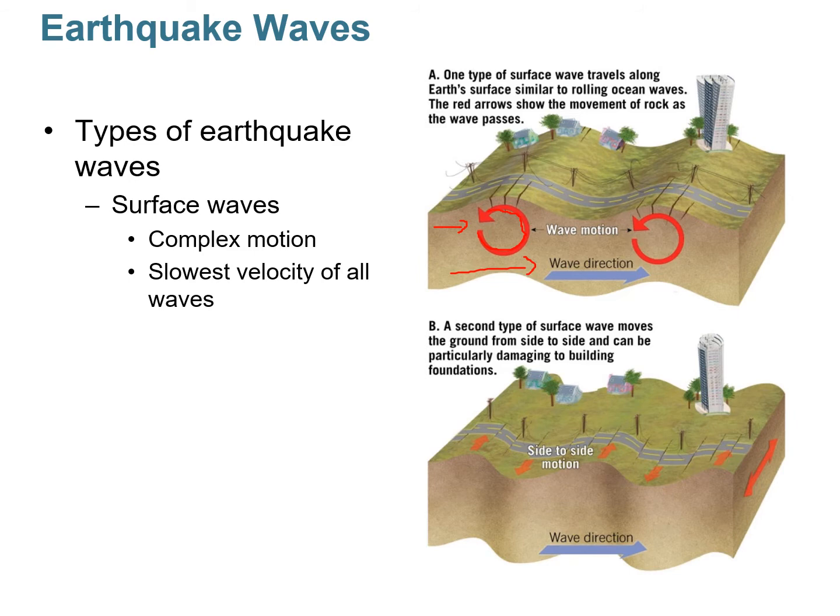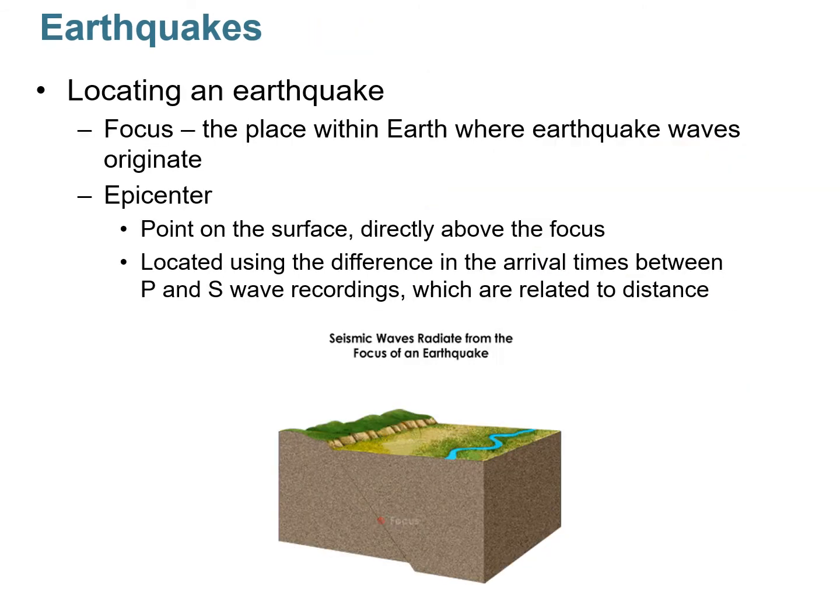Another type of surface wave shears material side to side. If you can see that here, it snakes through the surface. These two cause the most damage, and that's what causes buildings to fall, a lot of property damage, and a lot of loss of life. They arrive at the seismic station last. They're the slowest velocity of all waves.